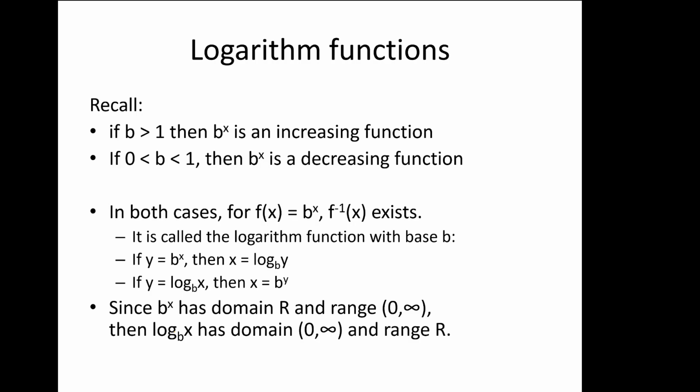And because the domain and range flip between a function and its inverse, we know that the domain of the exponential function is the entire real number line, R, so all the numbers from minus infinity to infinity. We can plug in any x value we want in an exponential, but the range is only from 0 to infinity, because an exponential function cannot spit out a negative y value.